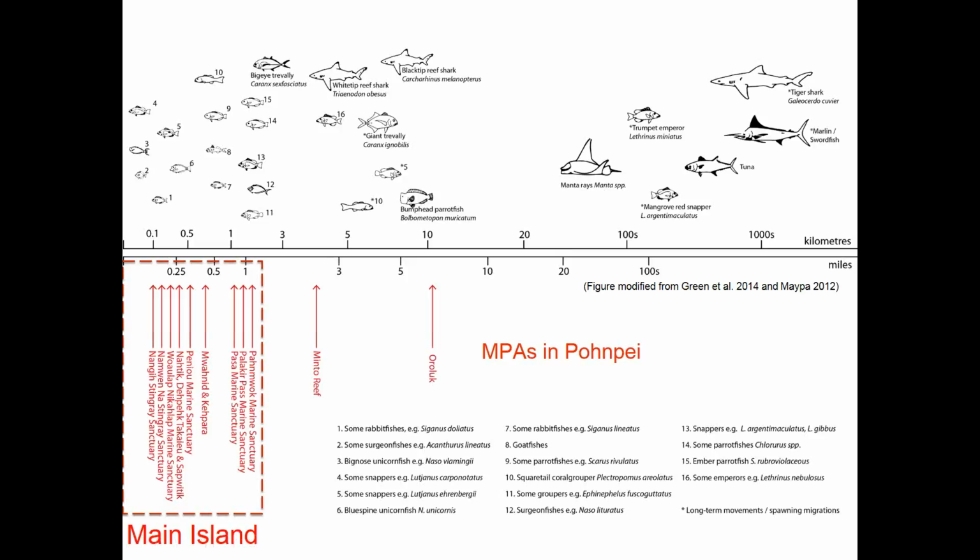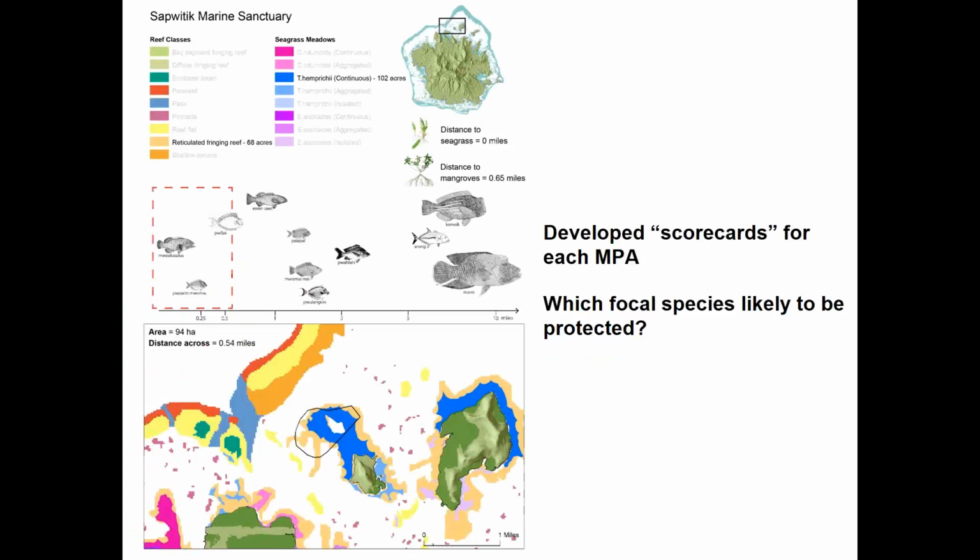So what we did then is we looked at it in even more detail, and we said, well, let's look at each one of these and see just what we think it's doing to protect these species. And we developed these scorecards for each of the MPAs. Here's one example from a place I can't pronounce, Saputik, I believe, up north.